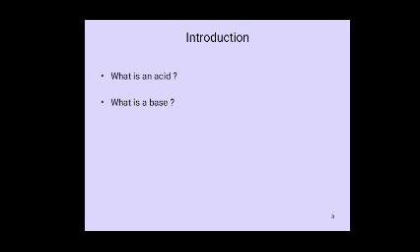What is a base? According to Arrhenius theory, a substance that dissociates in aqueous solution to produce hydroxyl ions is called an Arrhenius base. A substance that accepts a proton from another substance is called a Bronsted-Lowry base, for example NH3, H2O, OH-.